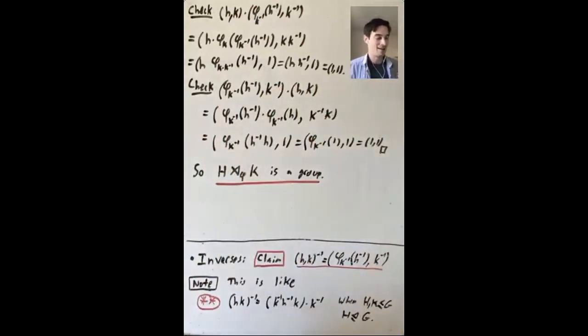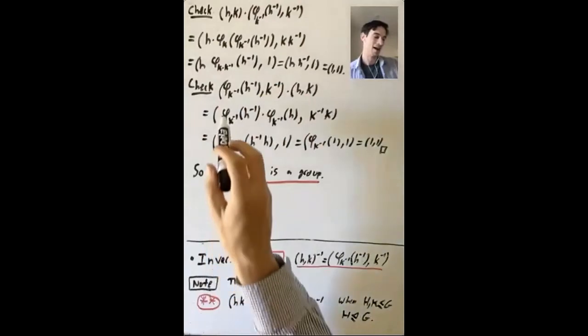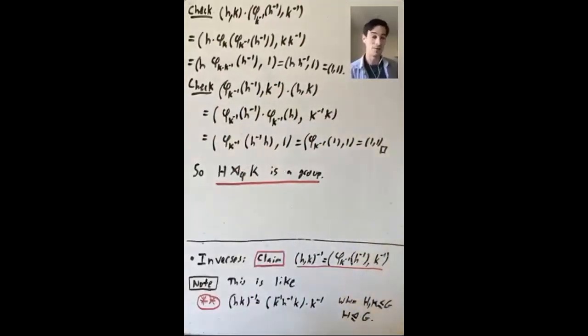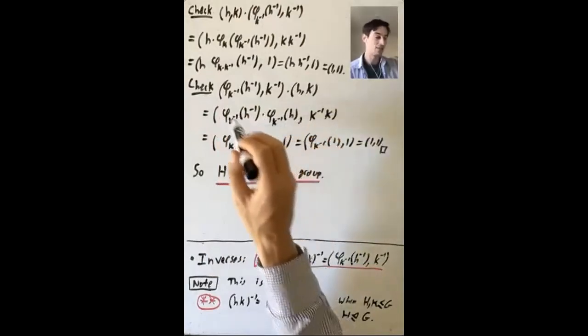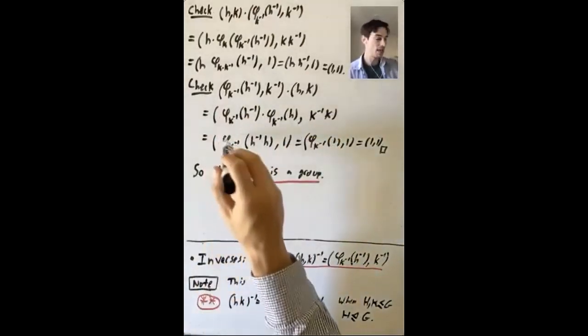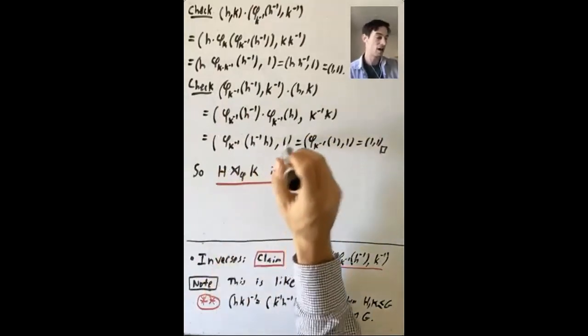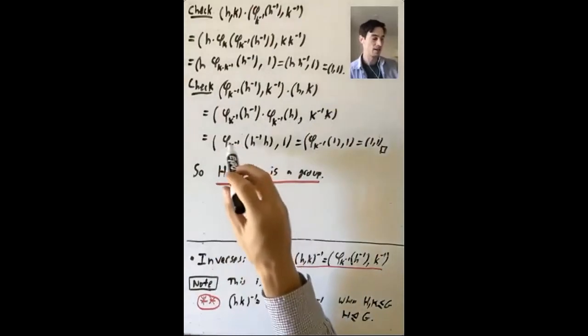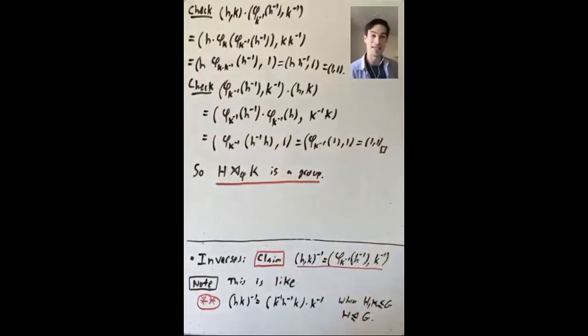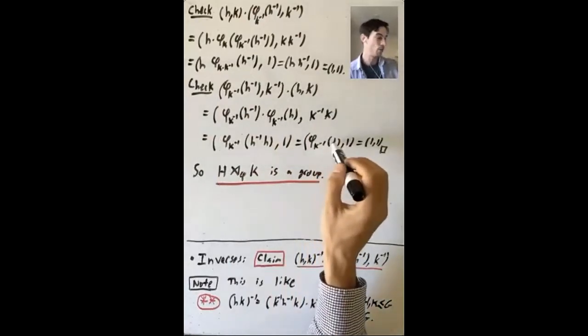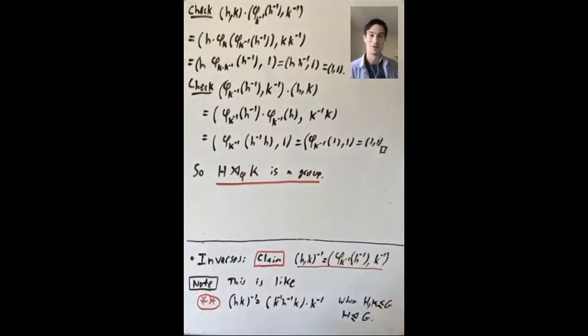Well, because φ_{k^{-1}} is an automorphism, in particular, it's a homomorphism from H to H. So φ_{k^{-1}} of something times φ_{k^{-1}} of something else is φ_{k^{-1}} of the product. So we get φ_{k^{-1}} of h^{-1}h, comma, the identity of K. And this is φ_{k^{-1}} applied to the identity of H. But because φ_{k^{-1}} is an automorphism, it sends the identity to the identity. So this is (1, 1). So we've seen that this formula really does give the inverse of the element (h, k).